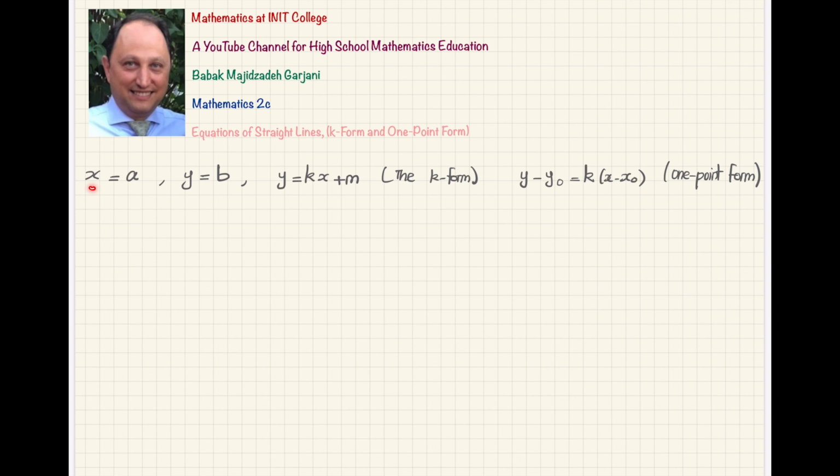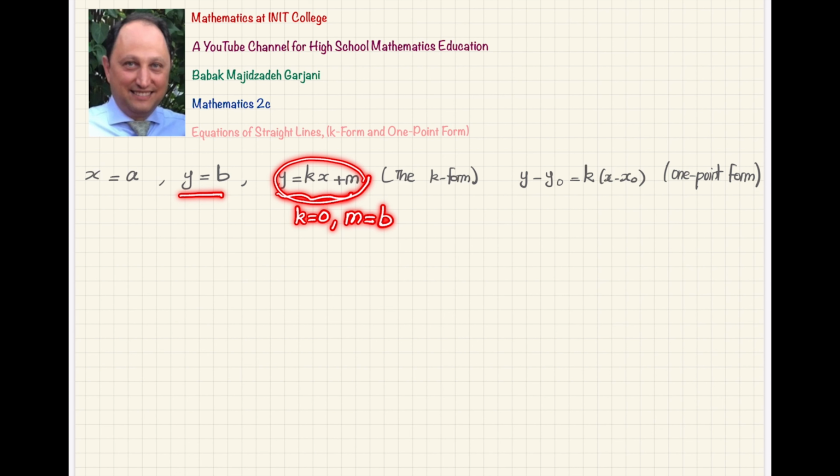But this is a little bit different. This is not that different from here, because, for example, if I want to get this equation back from an algebraic point of view, I can choose k equal to 0 here and choose m equal to b here. Then this equation reduces to this equation.